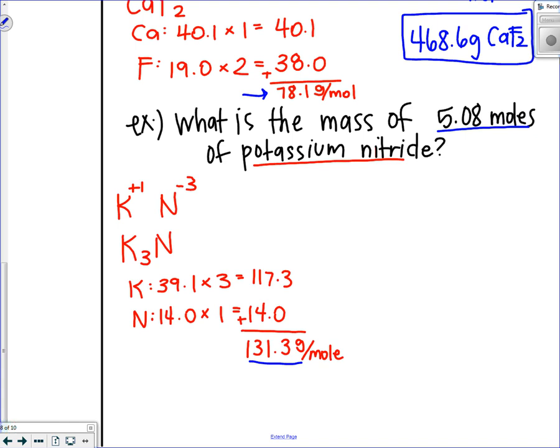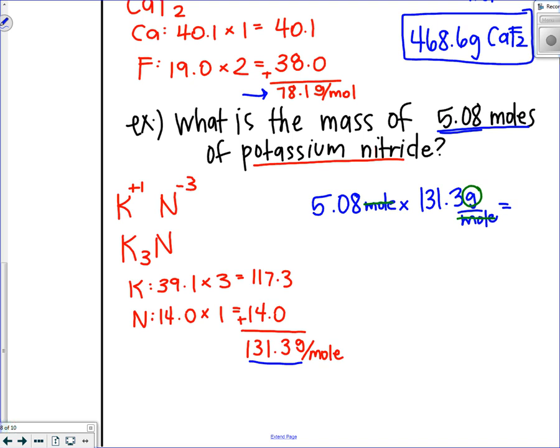But I have 5.08 moles, right? And so I have to figure out how much that's going to weigh. So we just multiply them together. 5.08 moles times 131.3 grams per mole equals, and when I multiply those together, this moles cancels out with that moles, and I'm left just with grams.